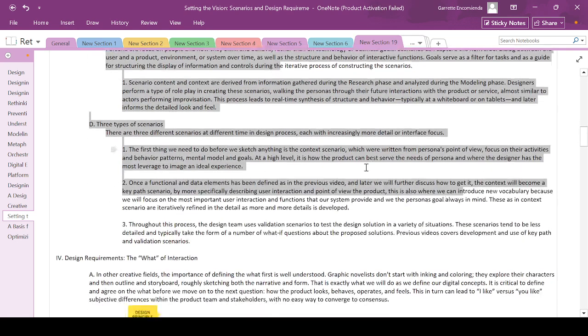Scenario content and context are derived from information gathered during the research phase and analyzed during the modeling phase.